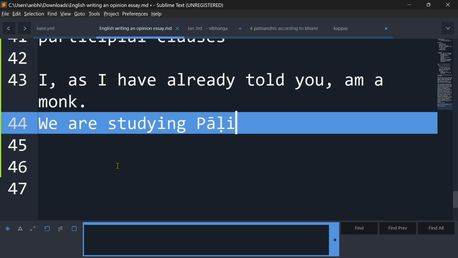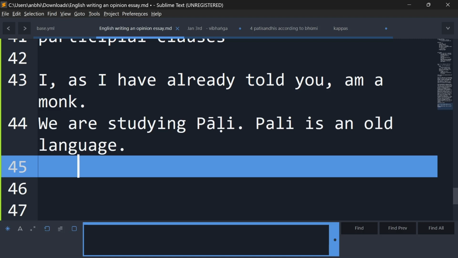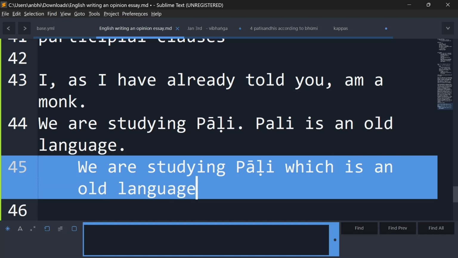We are studying Pali, and now you can use a relative clause to talk about Pali without starting a new sentence. Pali is an old language. So we could put this together as: we are studying Pali, which is an old language.